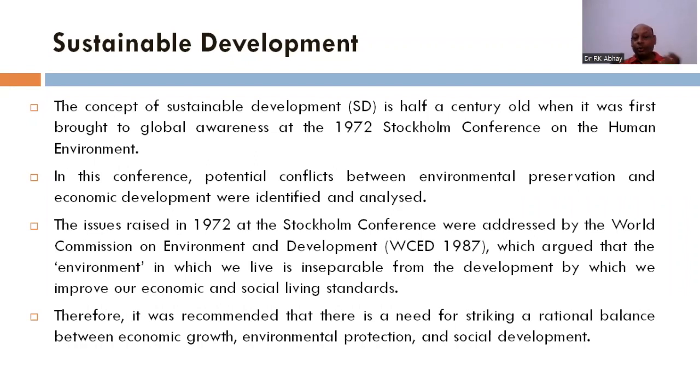So this issue was raised in the 1972 Stockholm Conference, and later was well taken up by the World Commission on Environment and Development in 1987, which is very popular as the Our Common Future report. It argued that the environment in which we live and the development by which we improve our economic and social well-being are inseparable. Development and environment have to go together.